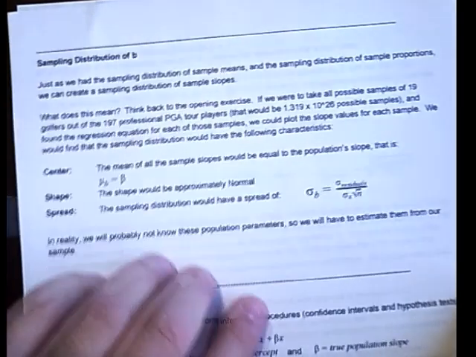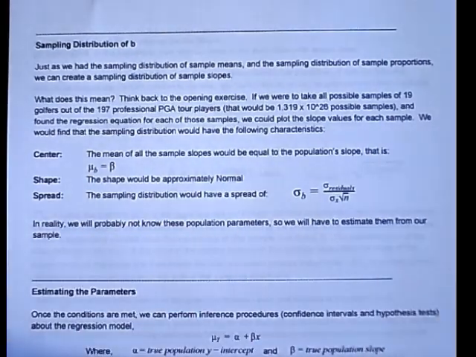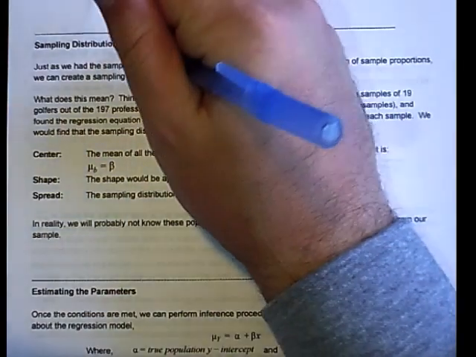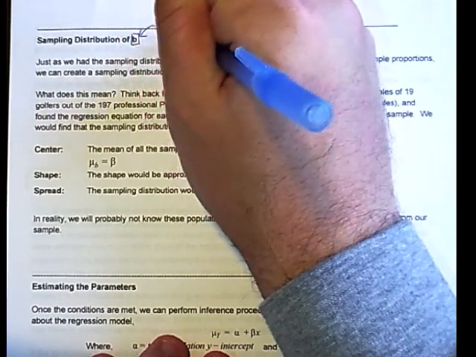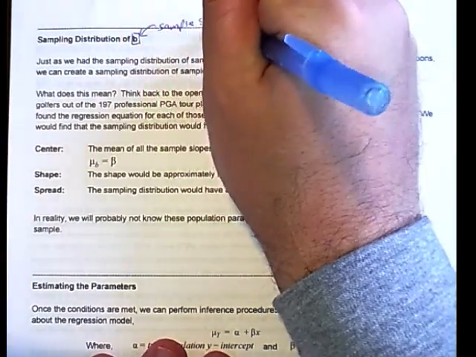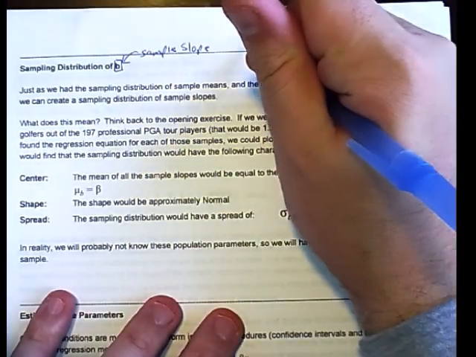So, just like means have a sampling distribution and proportions have a sampling distribution, slopes, this b is the sample slope, they have a distribution too. There's a sampling distribution of all slopes.